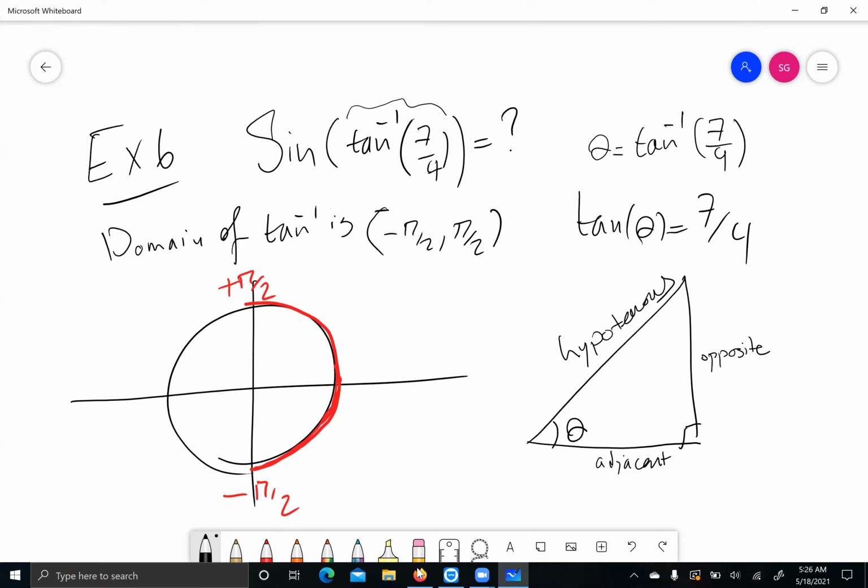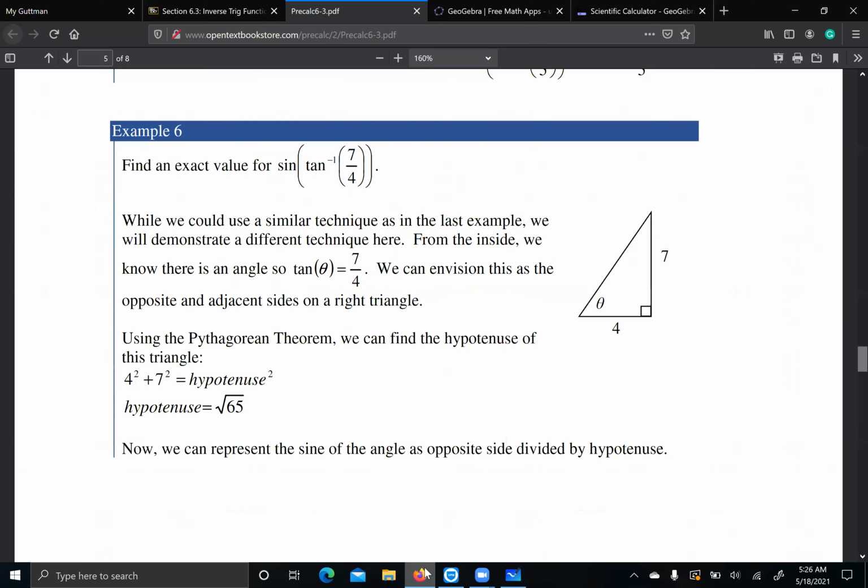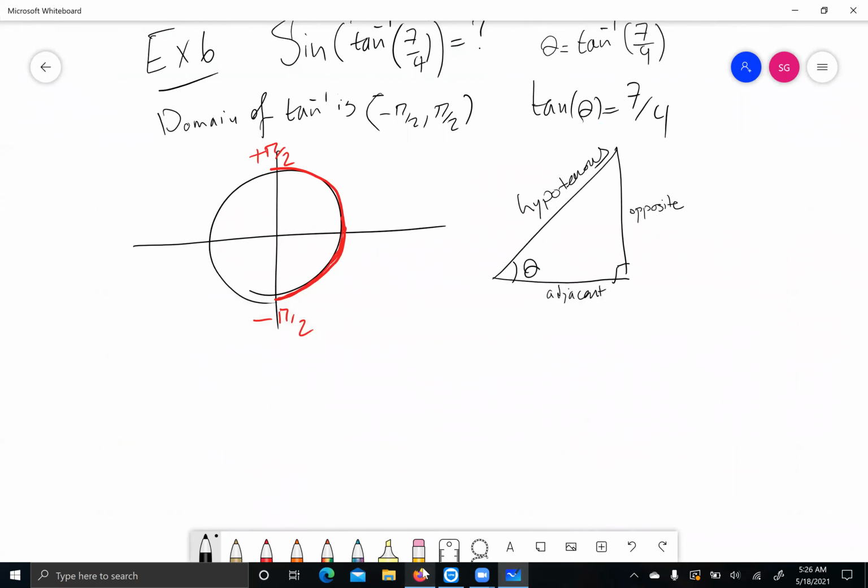Tangent is defined as opposite over adjacent. Because tangent has the ratio of 7 over 4, we can say the opposite is 7 and the adjacent is 4. And then from here, we can find the hypotenuse.